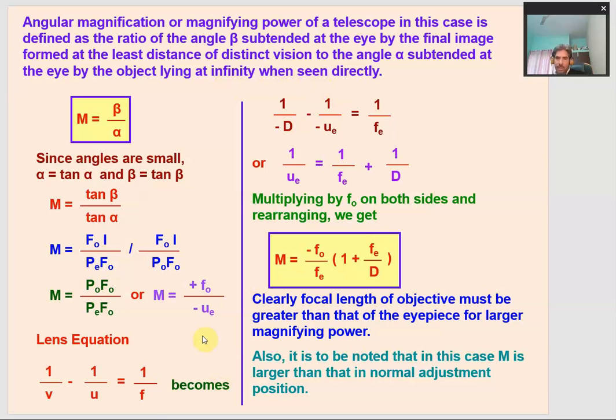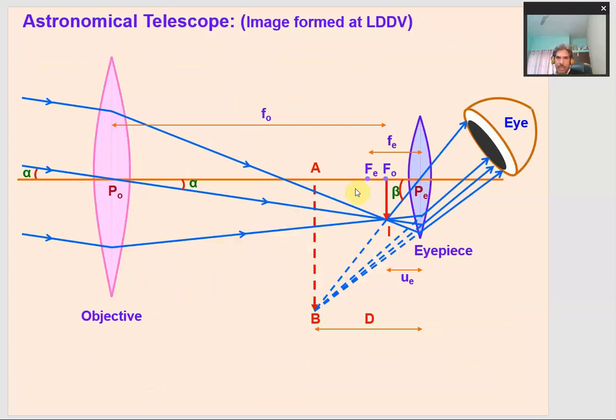Now we can again make use of the lens equation for the eye lens in order to put this formula for the magnification into a slightly different form. For this we apply the lens equation for the eye lens, right? For the eye lens, U is the object distance, which is nothing but the distance of this image formed by the object lens.